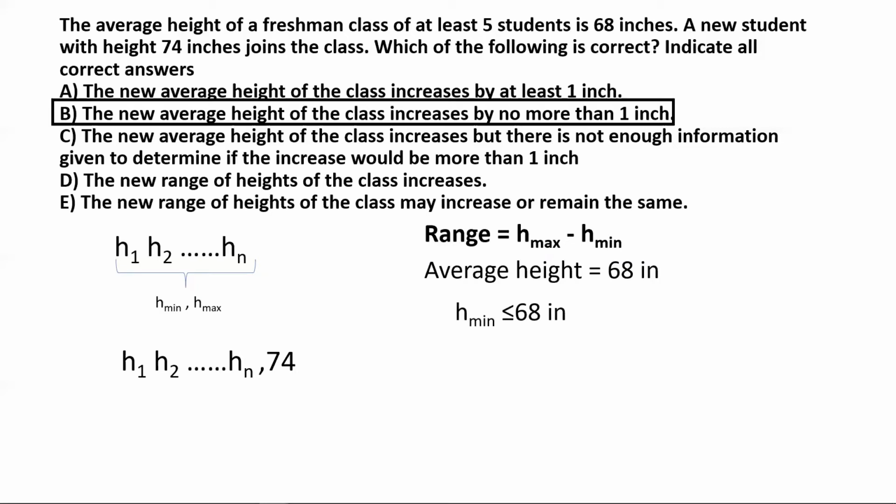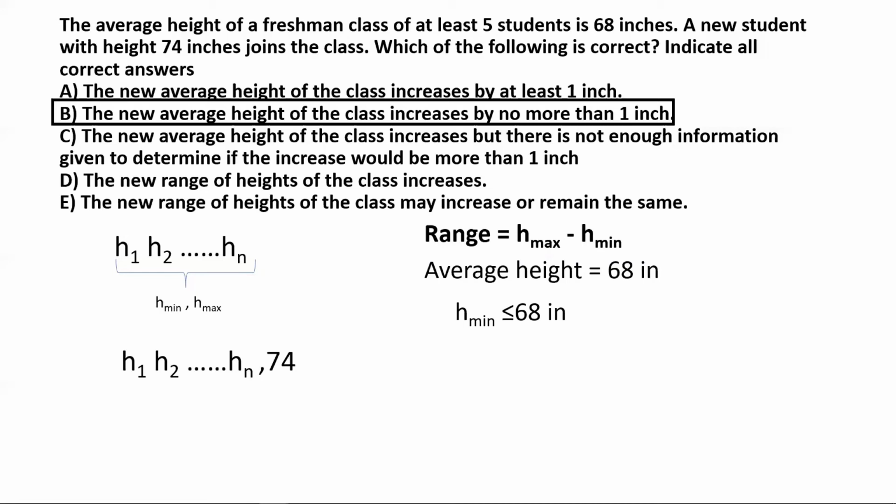And since this height is 74 inches, the minimum height of the class will remain unchanged, because from the previous information we have concluded the minimum height is less than or equal to 68 inches. So if a new student of 74 inches height is added to the class, then the minimum height is not at all impacted, because the minimum height was already less than or equal to 68 and the new height added was 74. So there's no change in the minimum height.